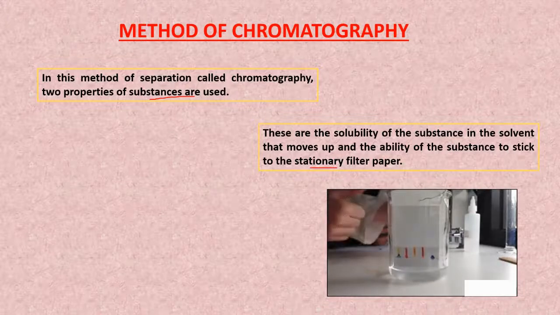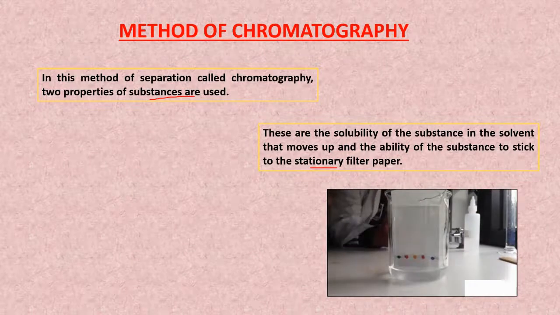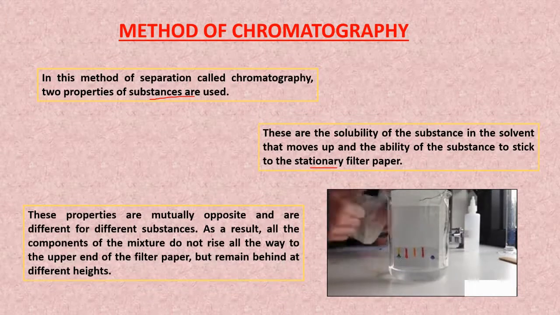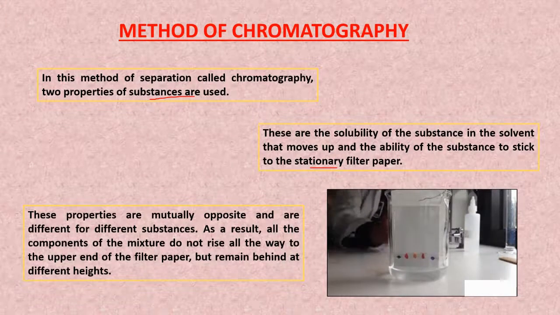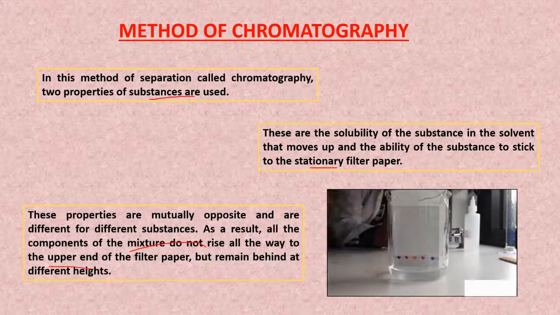Every substance has a different amount of solubility, and the ability of the substances to mix is different. Due to this difference in solubility, the components of the mixture rise at different points.